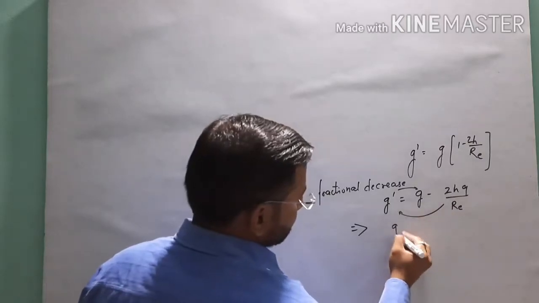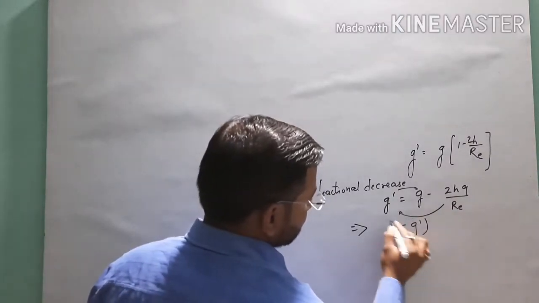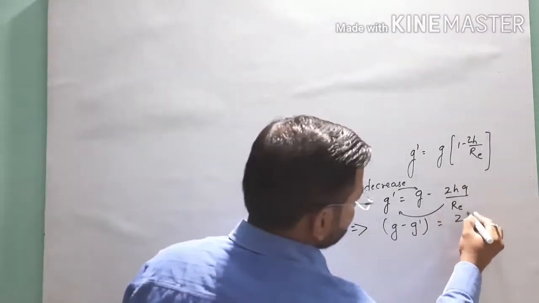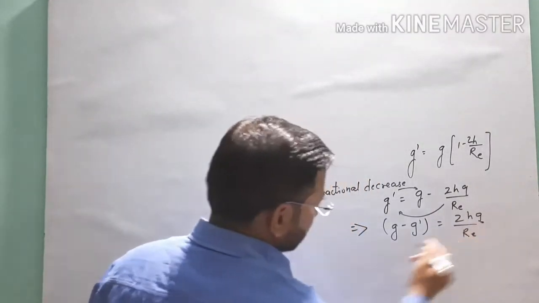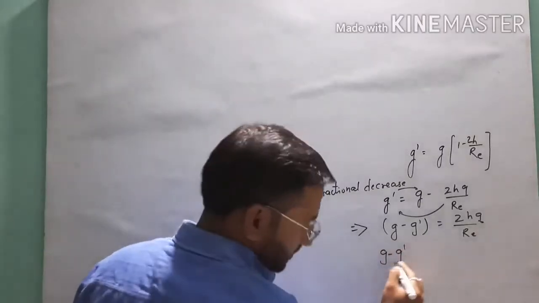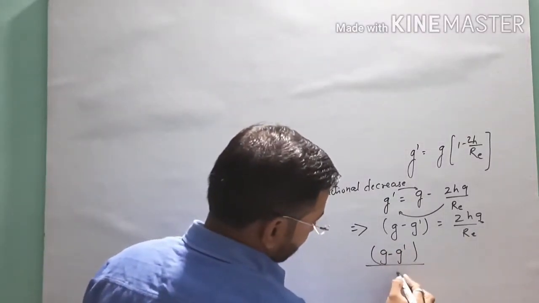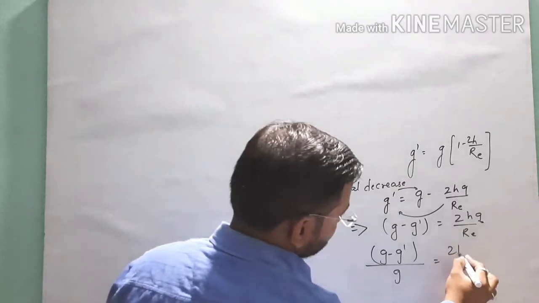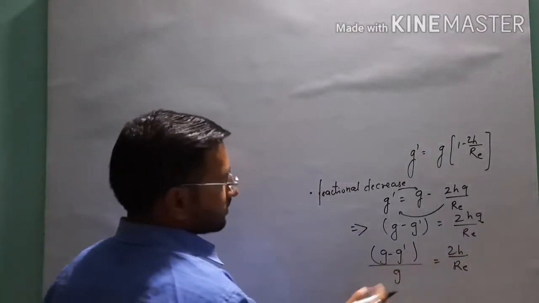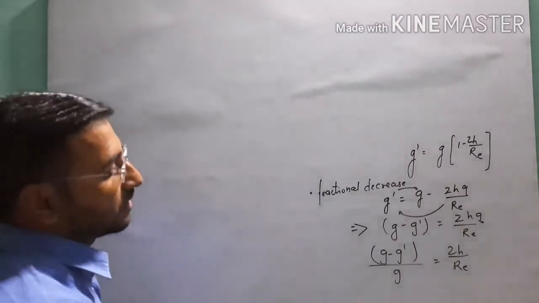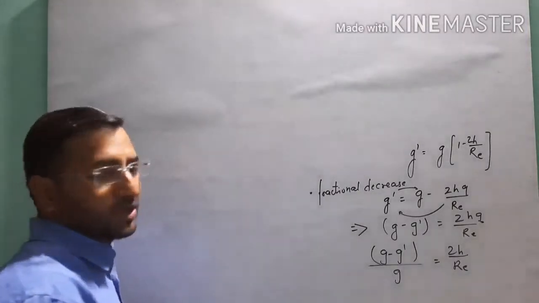So g minus g dash is equal to 2hg upon Re. This g will come down, and g minus g dash over g is equal to 2h upon Re. This is the value of fractional decrease in the value of g. Point clear?